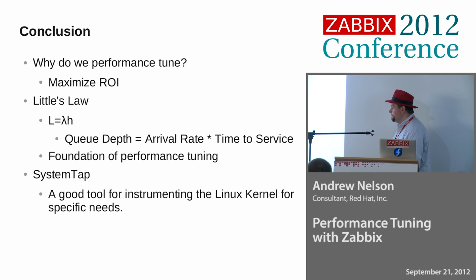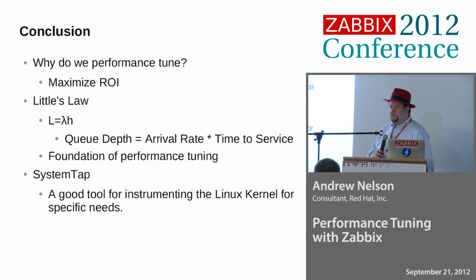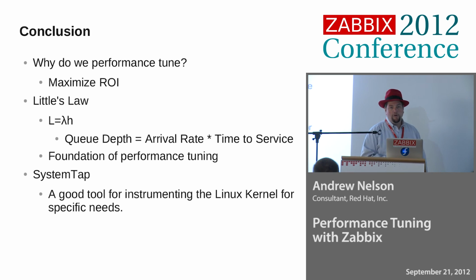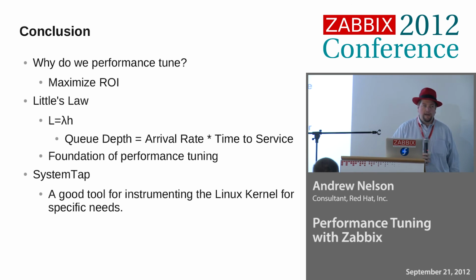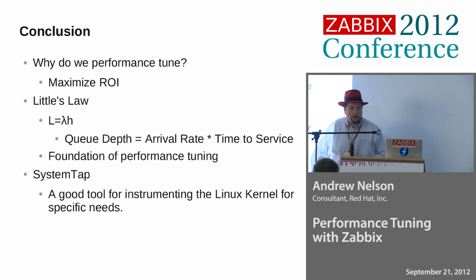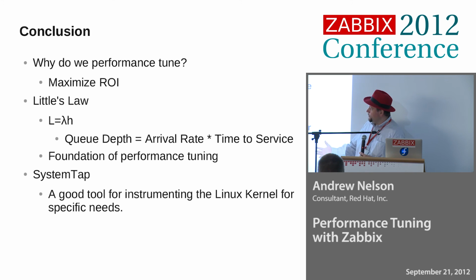So in quick review, we performance tune most often to increase our return on investment: old hardware that we have to extend the life of, or customers who are complaining it's just too slow. Little's law is pretty much the law that defines and governs most of our performance tuning, and we need to be considerate of it.